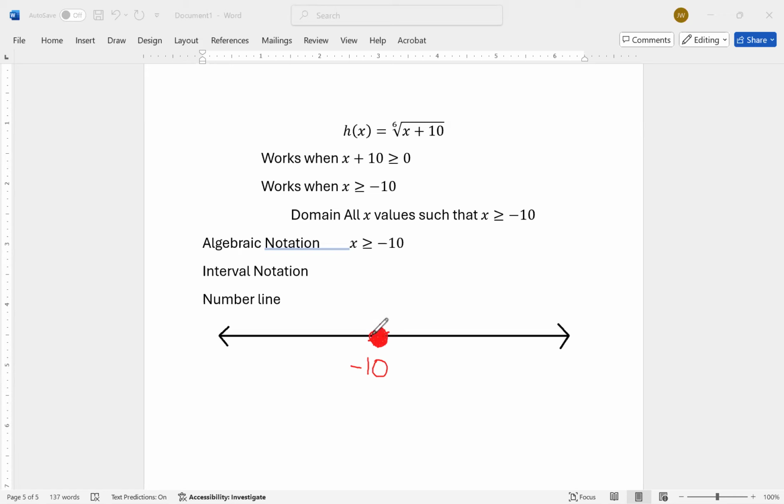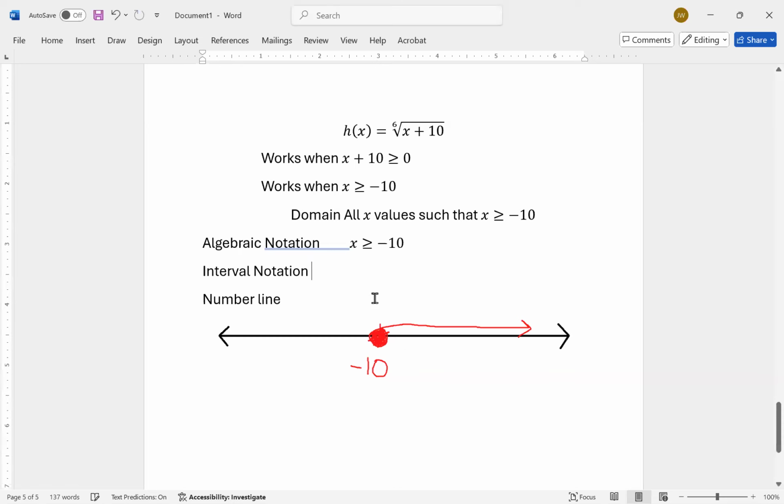It's a little bit easier to do with a pen and pencil. So a filled in circle means I can plug in -10. And then any number that's bigger than -10 is going to work. So I put an arrow to the right of -10. That would be the number line notation.